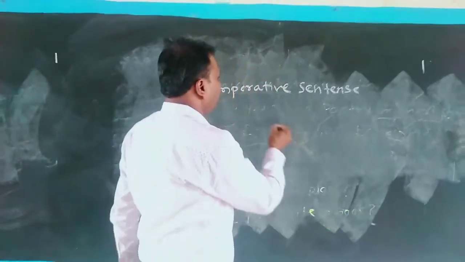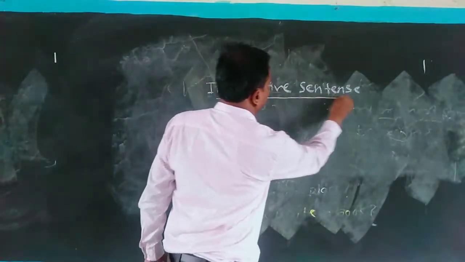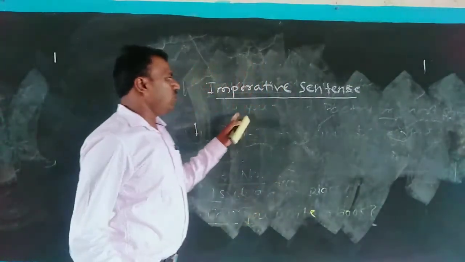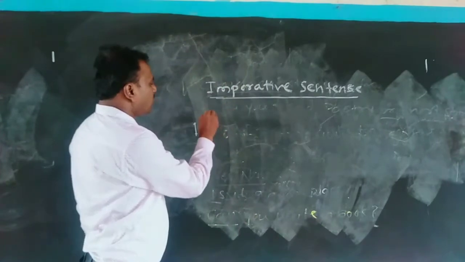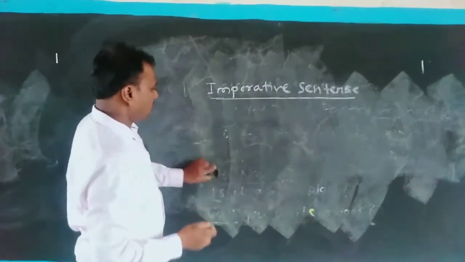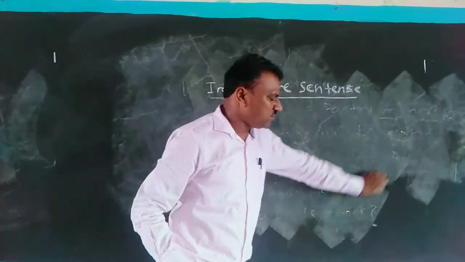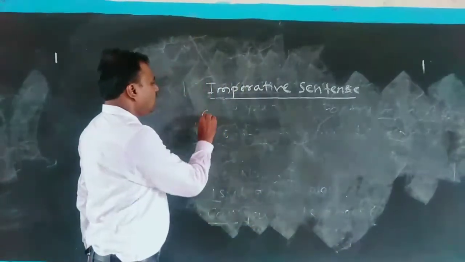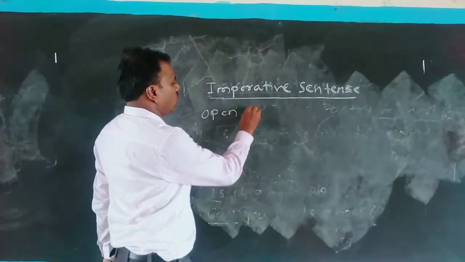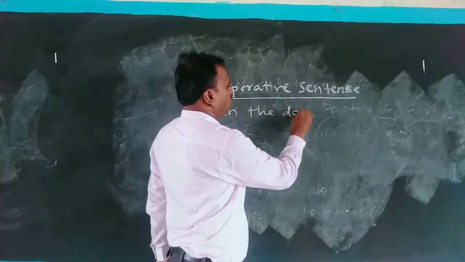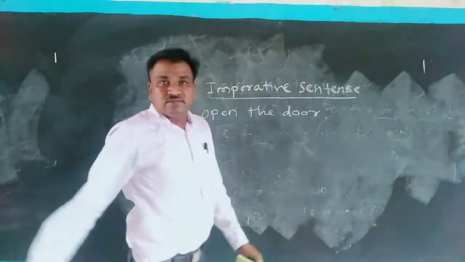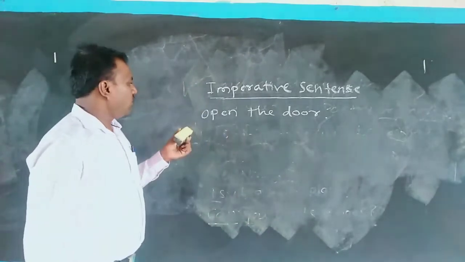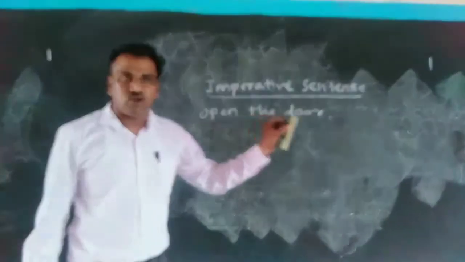Command you are going to give to your friend or your worker. Sometimes you are going to give a request or ask for a request. For example, I ask my friend, open the door. Okay, he goes and opens the door. Open the door, or you can also say, please open the door.